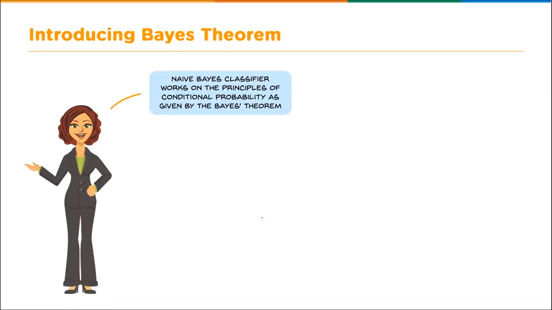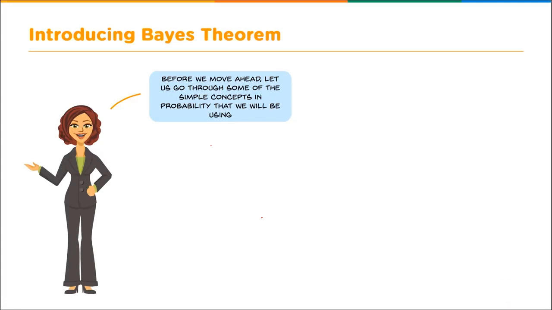Now we will dive into our actual Naive Bayes classifier concepts. The Naive Bayes classifier works on the principle of conditional probability as given by the Bayes theorem. This classifier was introduced by Bayes, and it works completely on conditional probability.